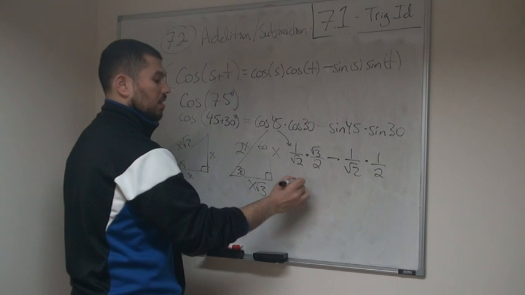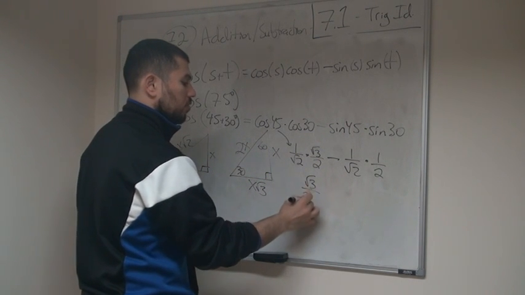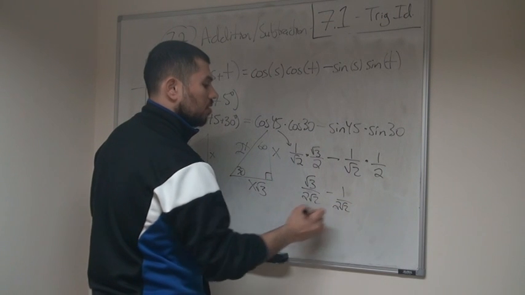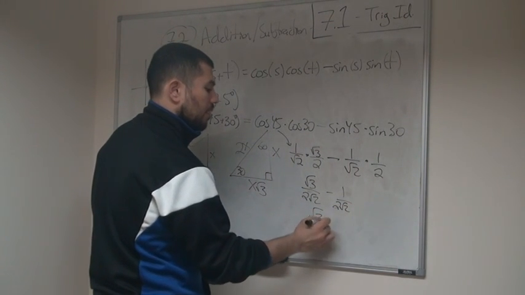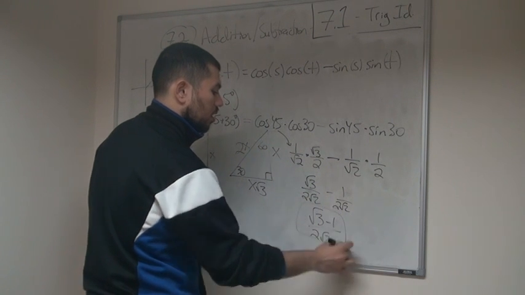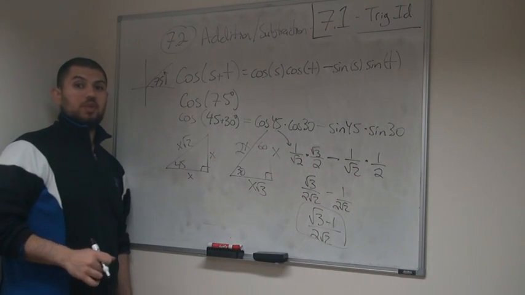What do I get? Root 3 over 2 root 2 minus 1 over 2 root 2, or rad 3 minus 1 over 2 root 2. Can all be done algebraically.